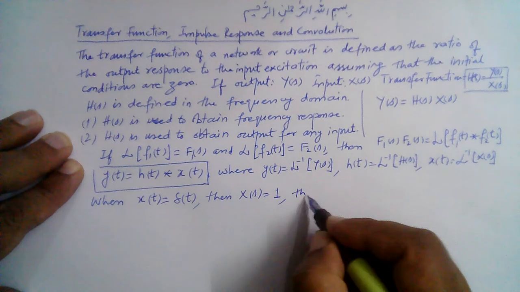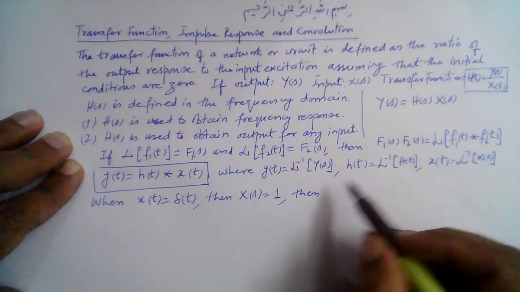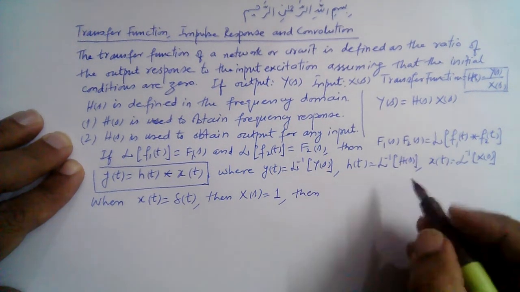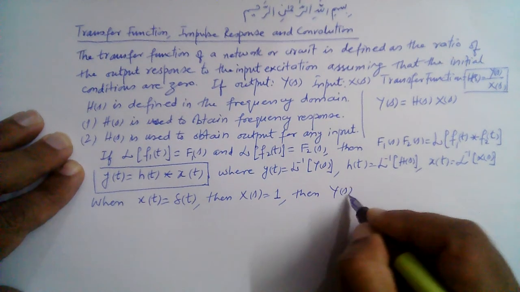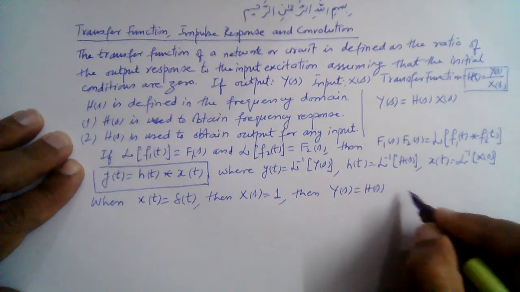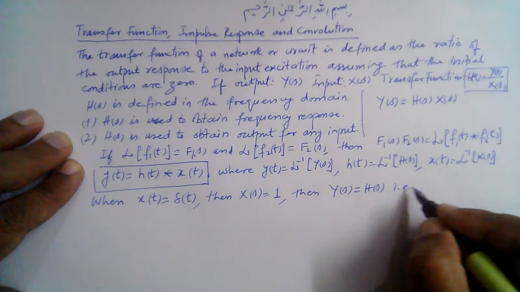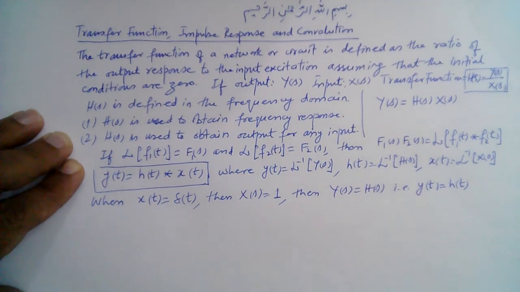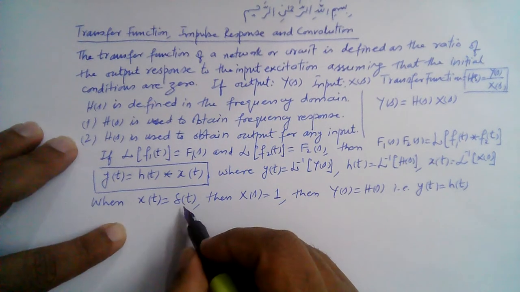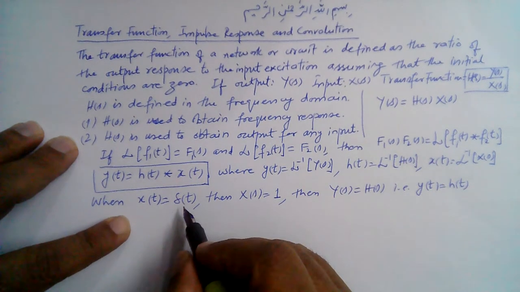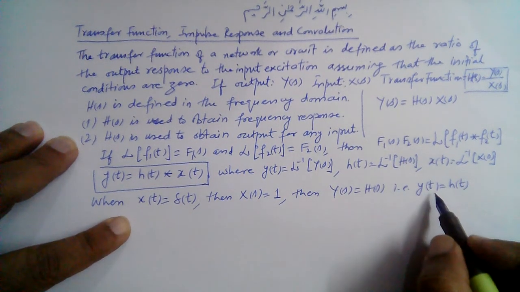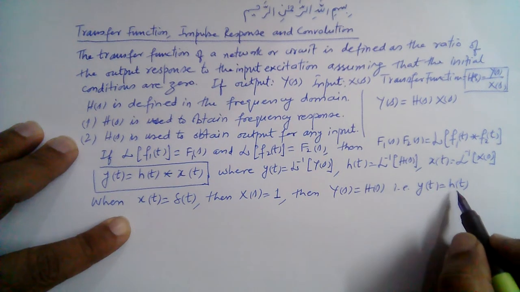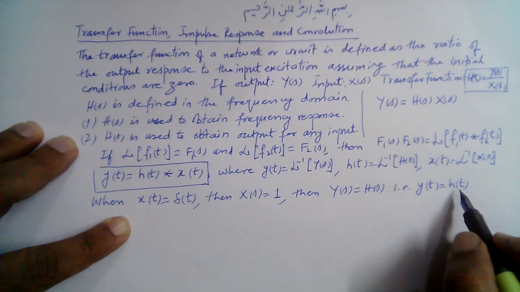In that case, it means that y of s is equal to h of s, right? And that means y of t is equal to h of t. So when the input is a unit impulse, then the output is equal to the inverse Laplace transform of the transfer function.